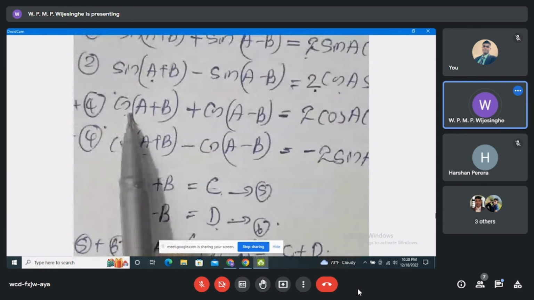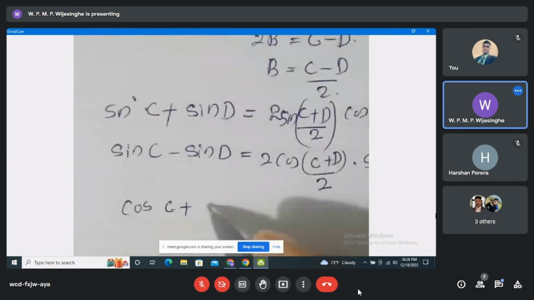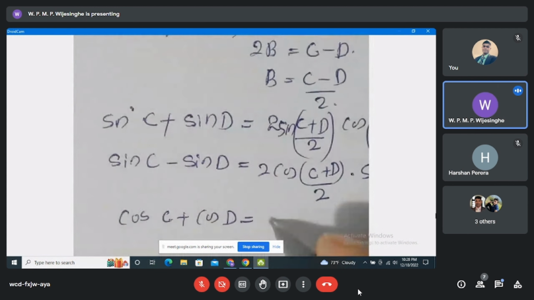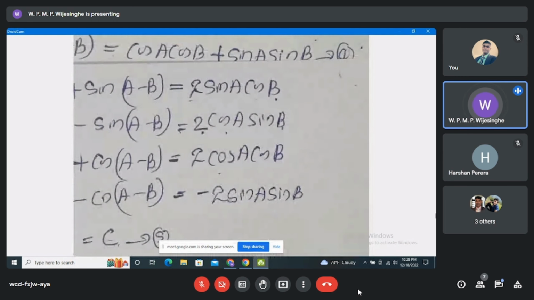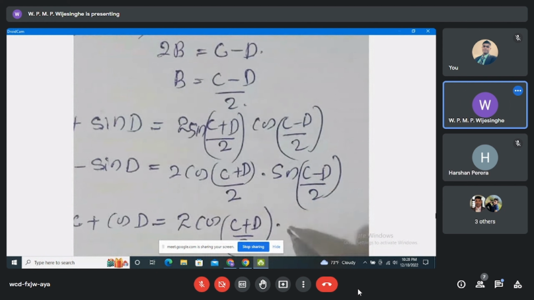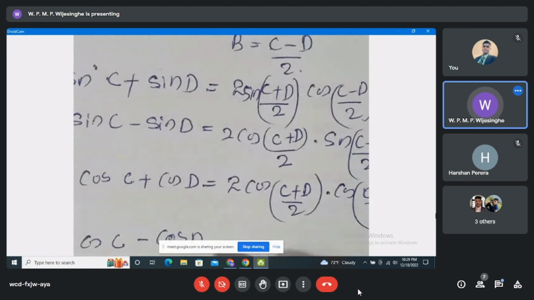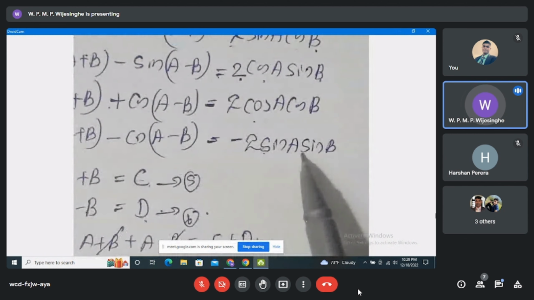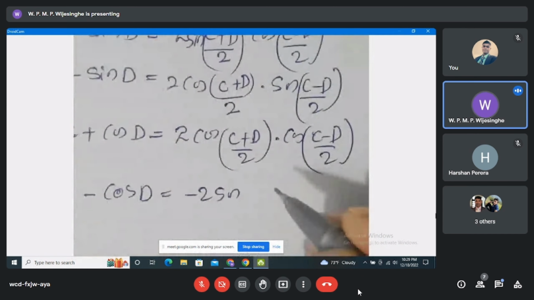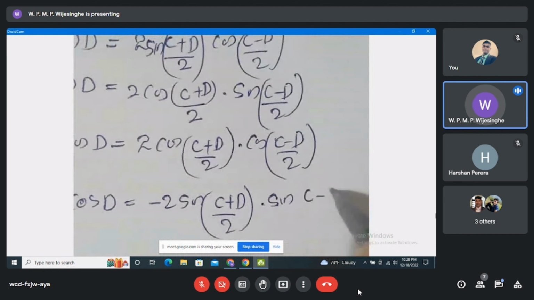Another one, cos C plus cos D. Cos C plus cos D, here 2 cos A cos B. Cos A means C plus D divided by 2. Cos B means C minus D divided by 2. Another one is cos C minus cos D. It is minus 2 sin A sin B. Sin A means C plus D divided by 2. Sin B means C minus D divided by 2.